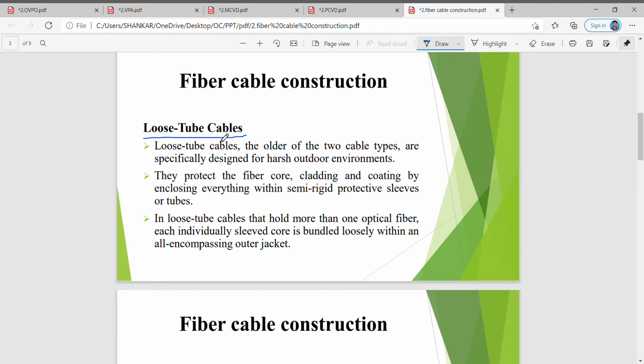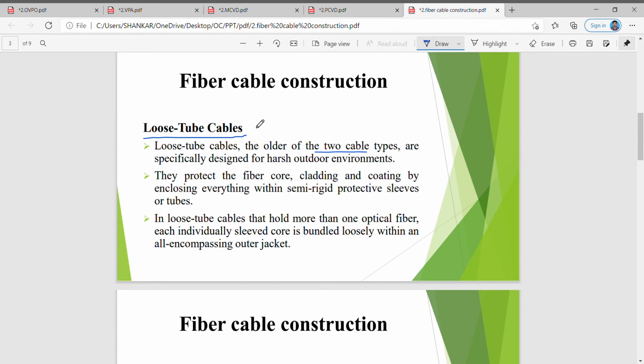Loose tube cables were the first designed out of the two cable types. We are discussing two cable types: one is loose tube cables and the other is tight buffered cables. Out of these two methods, initially we used the loose tube cables.